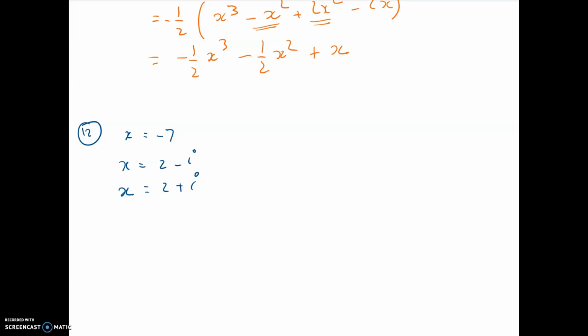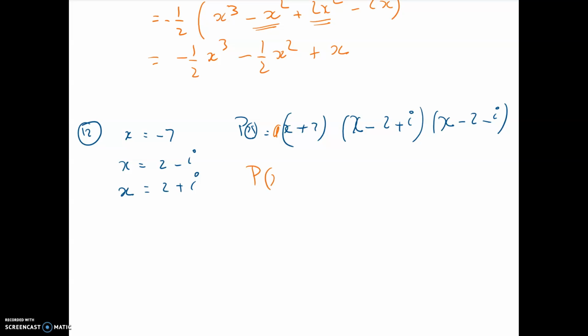So your polynomial will be written as p of x equals x plus 7 times x minus 2 plus i times x minus 2 minus i. But there is a coefficient a in the front because they are telling you that p of 1 equals 9. And that just shows that we have p of x equals a coefficient a times 3 parentheses.